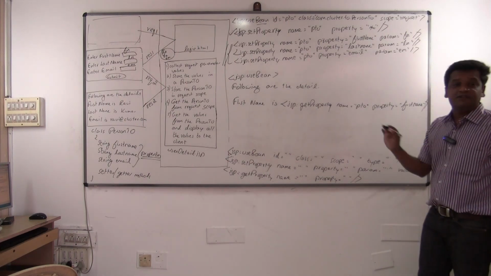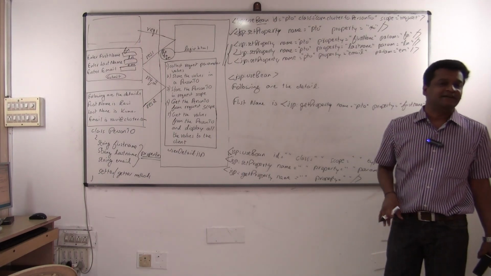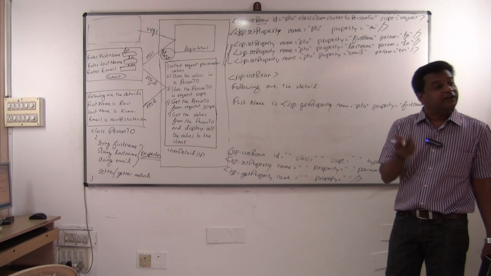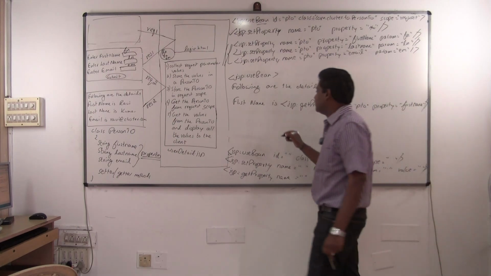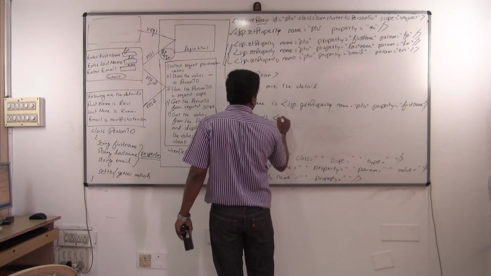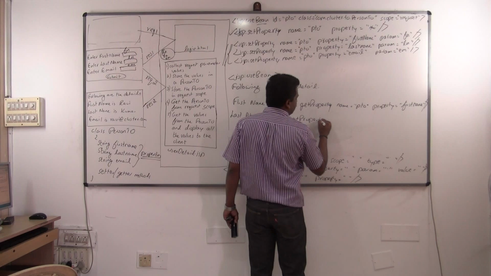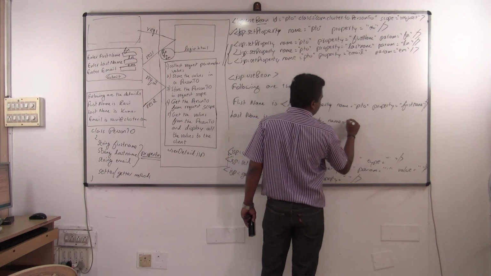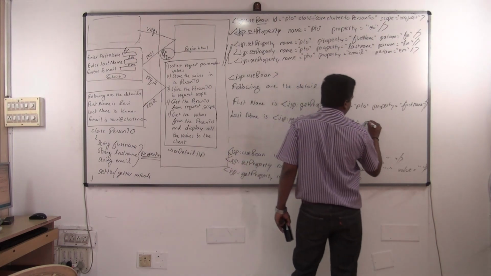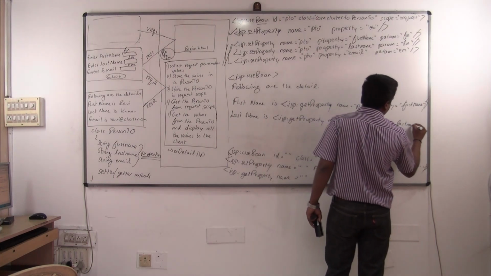Okay. Now no star business for getProperty, because what values you want to display you decide. So for getProperty you have to print each and every value. Clear? So then next, last name is jsp:getProperty. Name is equal to PTO. Property is equal to last name.